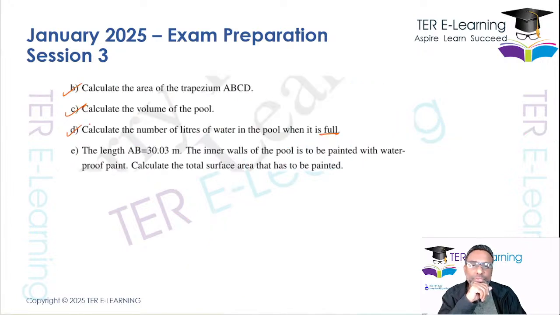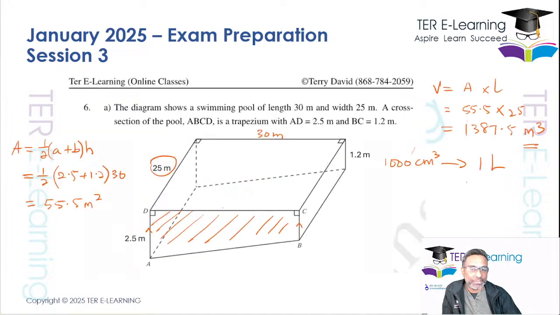Right? So this question is a little harder. All right, so part E now. We know the length of AB, right? AB is 30.03. Where is AB?